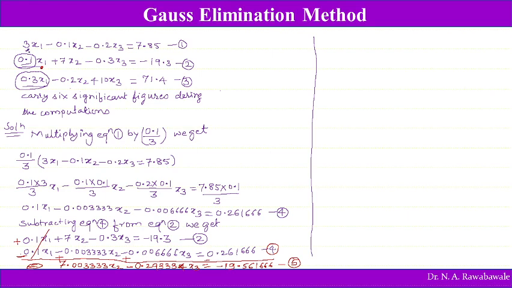So multiplying equation number 1 by 0.3 and dividing it by 3, and then subtracting it from equation number 3, we can get equation number 6, which will not have the term x1. So once again we write these equations and we will proceed.